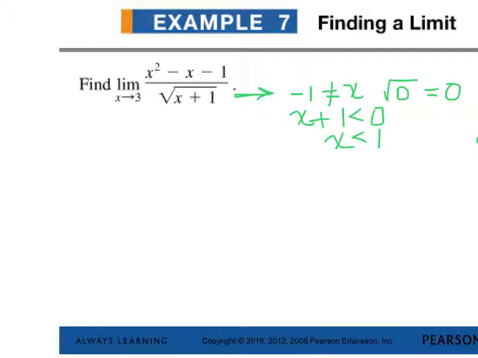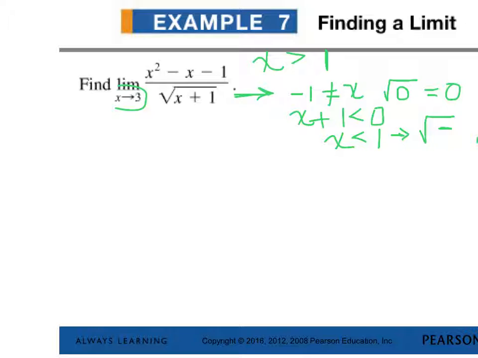So if x is less than 1, that means you're taking the square root of a negative number, and that's not allowed. So the only restriction we have here is that this function is fine for all x greater than 1. We have to use x larger than 1. That function doesn't even exist for x less than 1, or even x equal to 1.